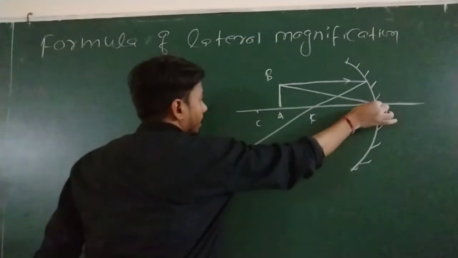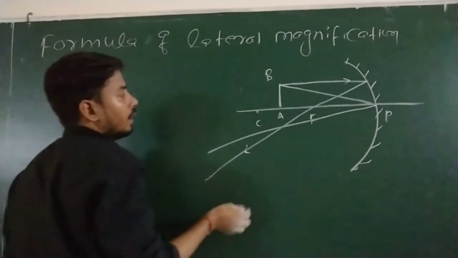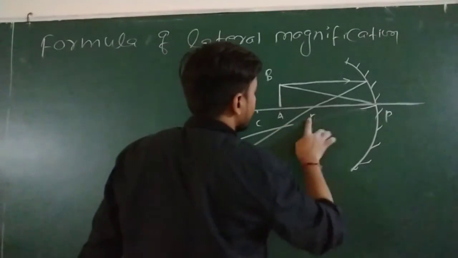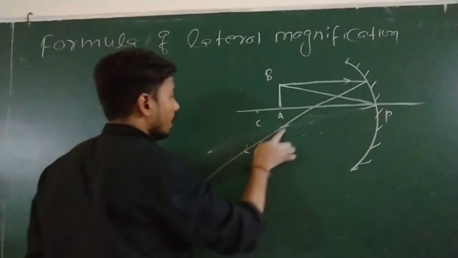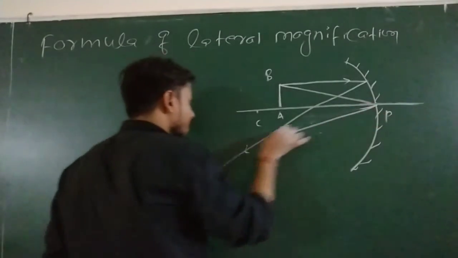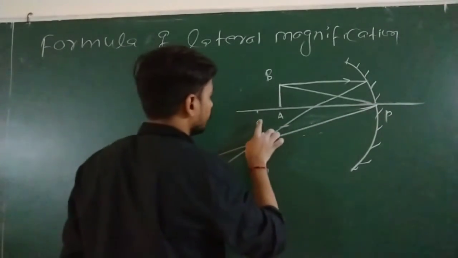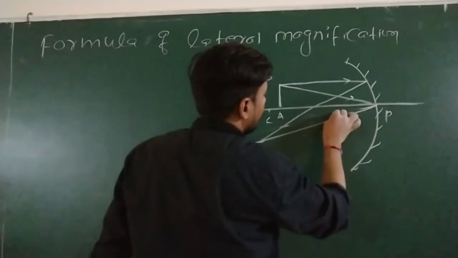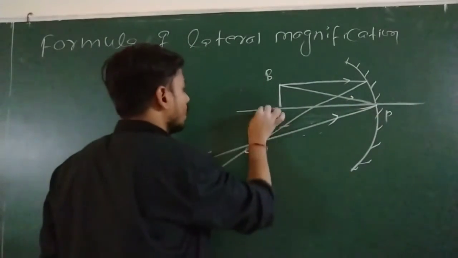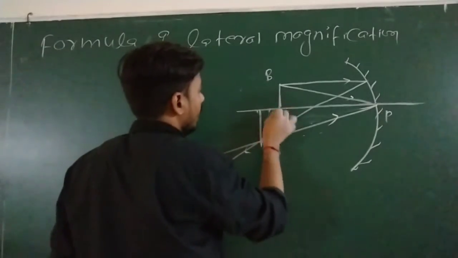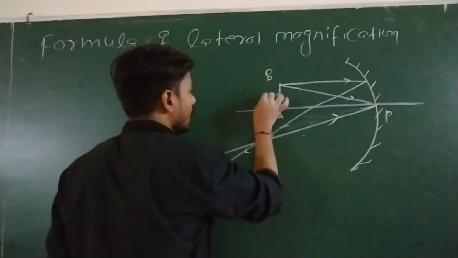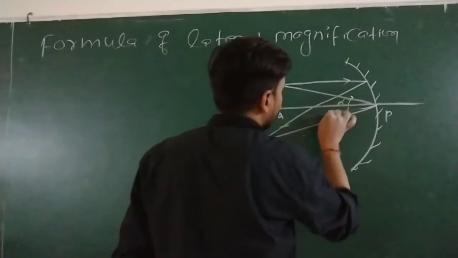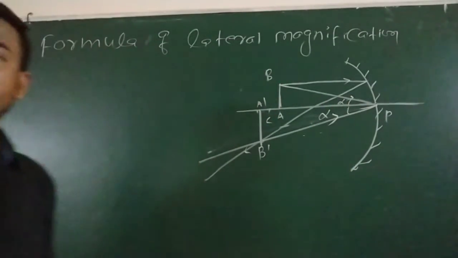After that, this ray will pass at the same angle theta. So this becomes the position of image. This is the object AB, and this becomes the image A dash B dash. Suppose this angle is alpha. This angle also becomes alpha.